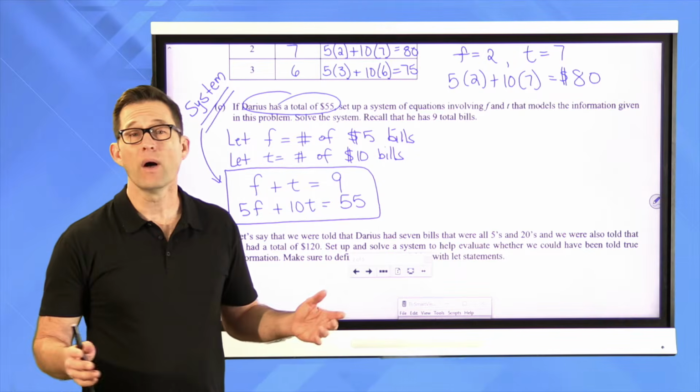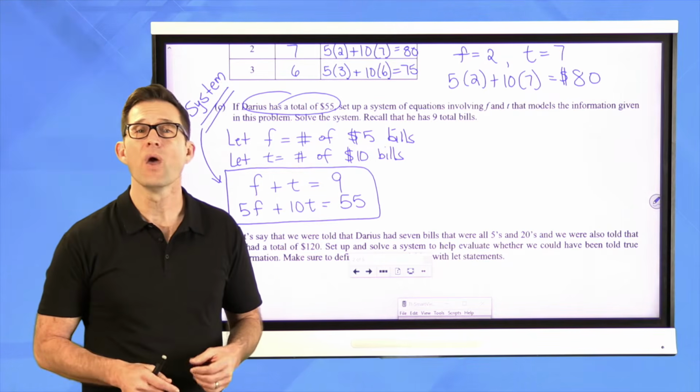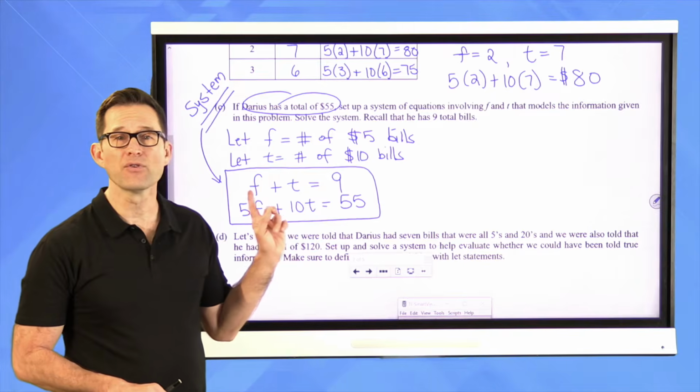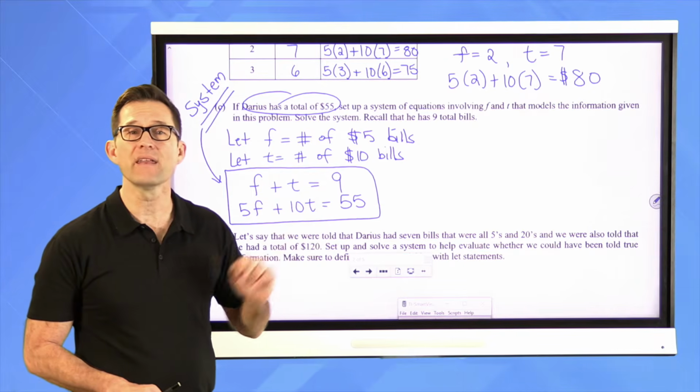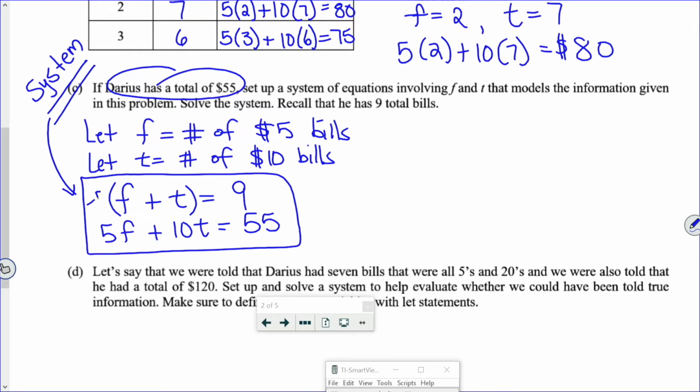All right, well, do I want to get rid of the f? Do I want to get rid of the t? Which one do I want to eliminate? I think I'll eliminate the f by multiplying the first equation by -5 on both sides. So I'm going to multiply by -5 here, and by -5 there, and that first equation then is going to become -5f minus 5t is equal to -45. The second equation I don't need to change.